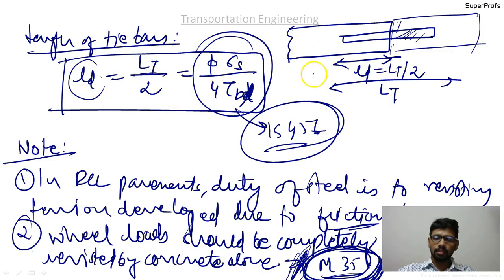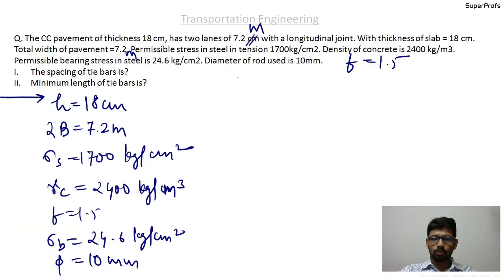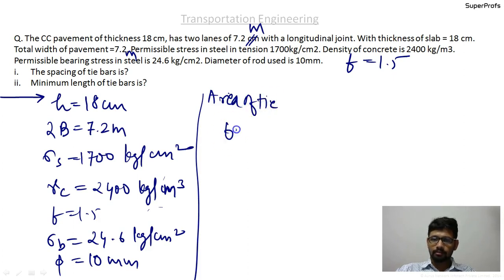I need not discuss the concept again, we will use this formula directly. So, area of tie bars to be provided.